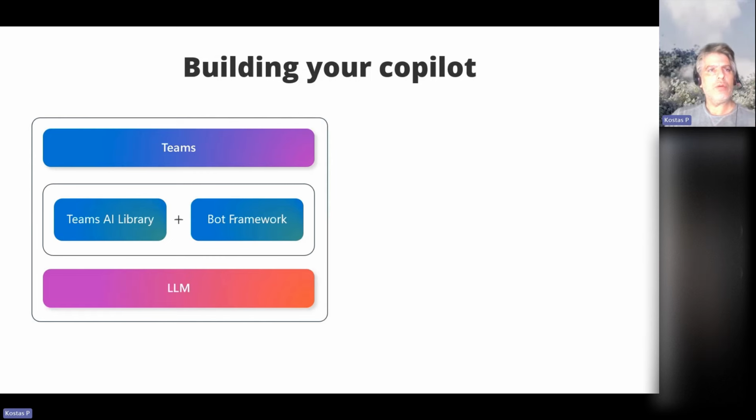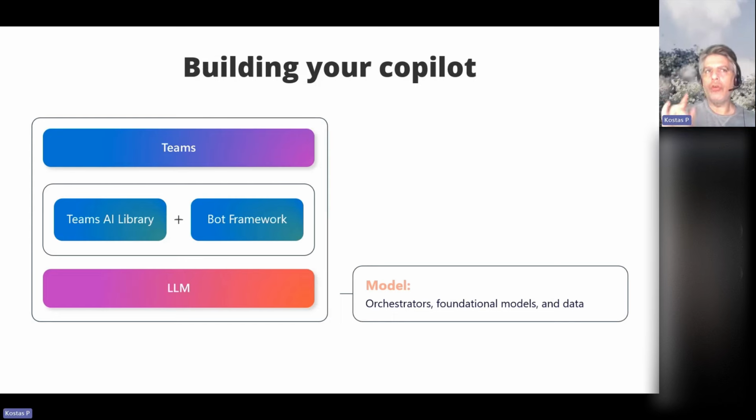So today we're going to utilize large language models from Azure OpenAI. We're going to utilize the Teams AI library and the Bot Framework to build our Teams application. You're going to see how easy that is. It's very easy to do, and it's actually 15 minutes, no more than 20 minutes to get started.